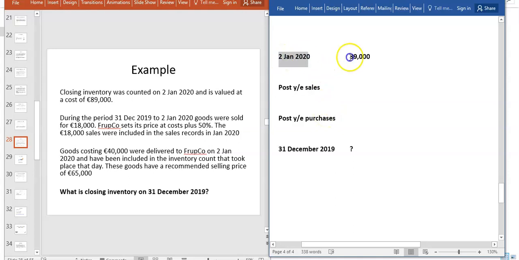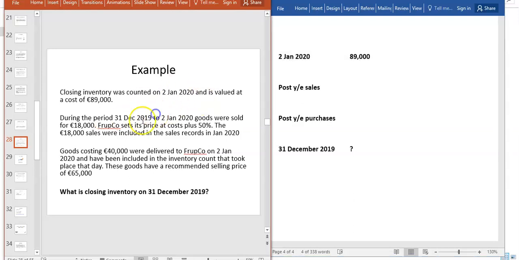Because we've gone to the 2nd of January, we want to roll it back 3 days to the end of December. If we did it on the 26th of December, we'd want to roll forward to the end of December. And how you do that is slightly different. And you'll see that in the question pack associated with IAS 2 questions here. So post year-end sales, these goods were sold for 18,000.